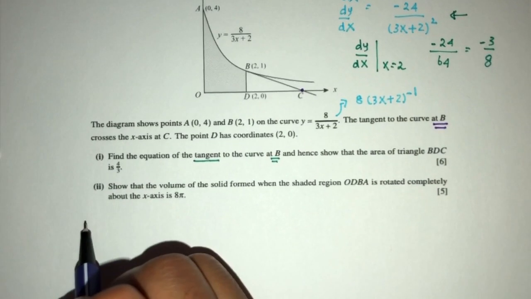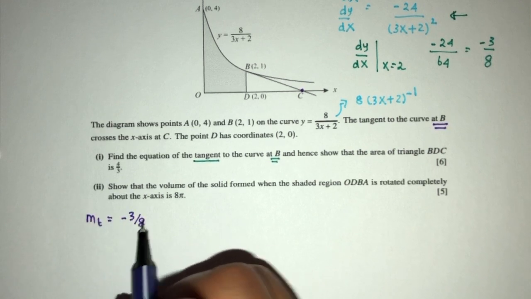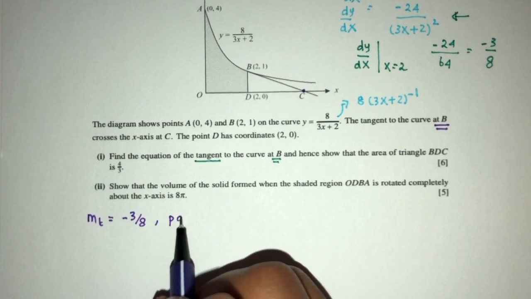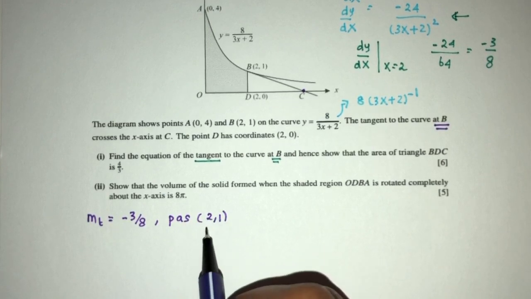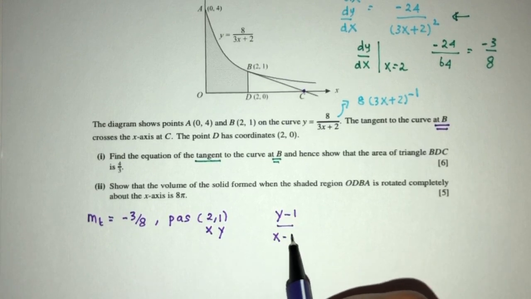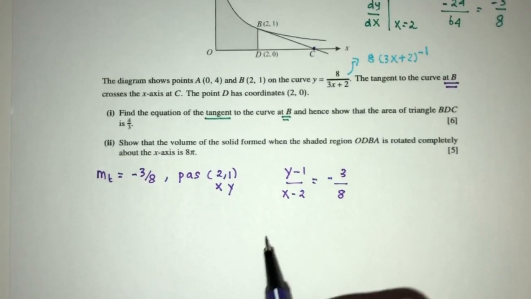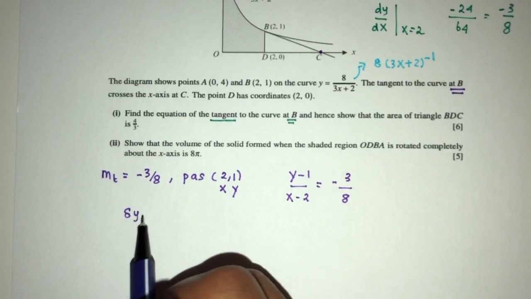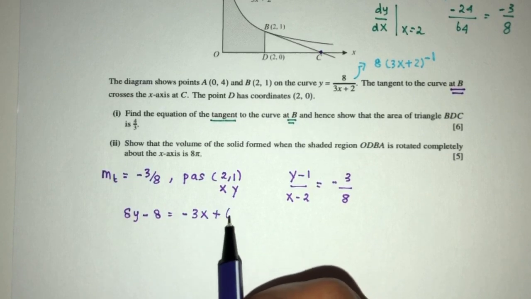Now since we have the gradient of the tangent, we have to find the equation of the tangent. So we have the gradient as required by the question, and then we have the passing point 2, 1. This is my x and my y value, so (y minus 1) over (x minus 2) has to be minus 3 over 8. So cross multiply, you will have 8y minus 8 is equal to minus 3x plus 6.